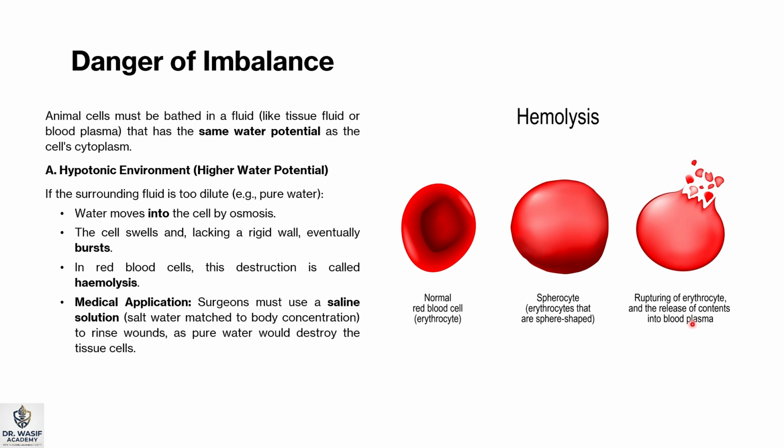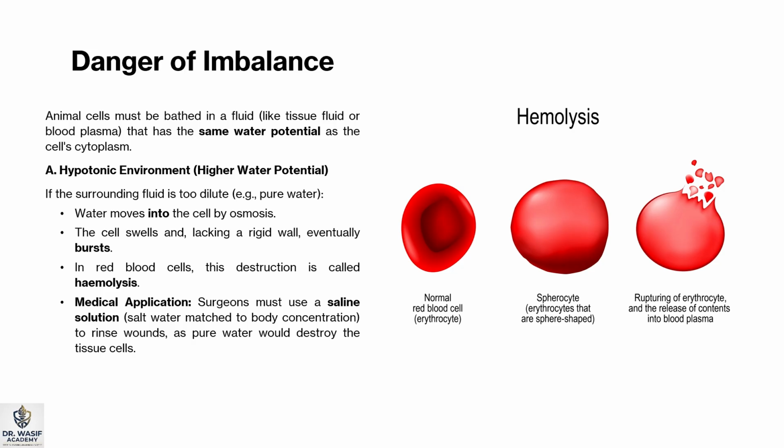In red blood cells, this destruction has a specific name: hemolysis. This is not just a theory, it has a major medical application. If a surgeon is rinsing a wound during an operation, they can never use water. Why?